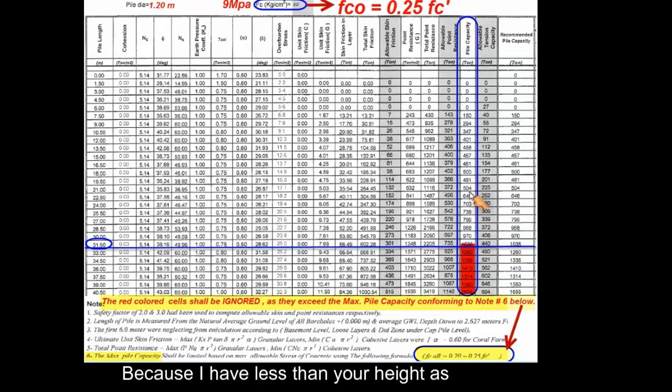Because I have less than your capacity as a column. It works with me. Okay, and so on. But of course, at that time, you will have a kind of value engineering on yourself. It is not logical to use a value of 120 to get a load like this. So at that time, you go to the table before it, which is the 80 centimeter table. For example, your value is 80 centimeters or 90 centimeters.